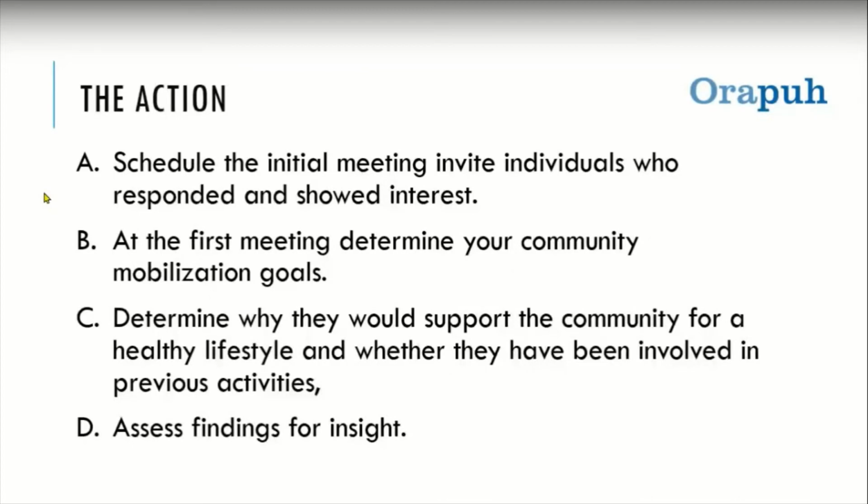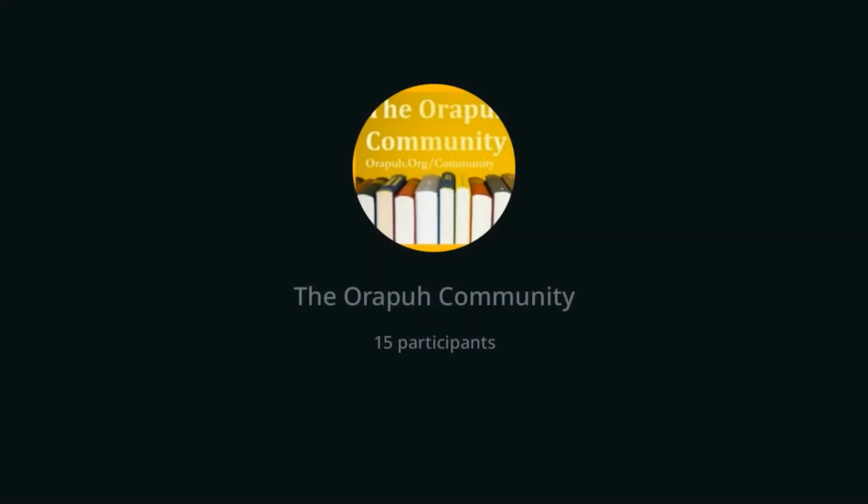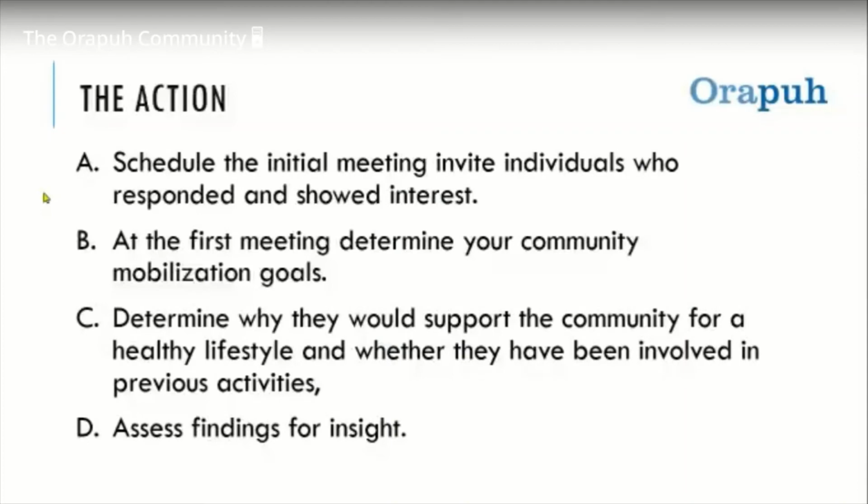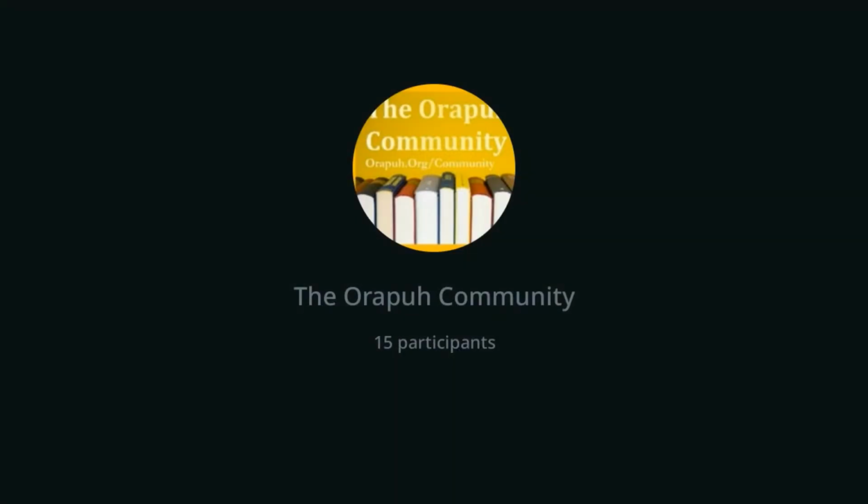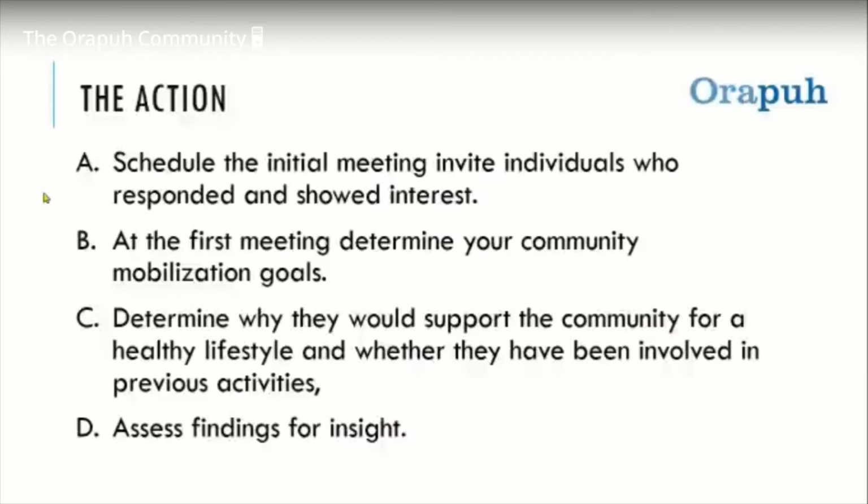Yes, this one is very important. Your goal, your target to be met, you have to establish it and determine it from your community. C, in the action, you have to determine why they will support the community for a healthy lifestyle or healthy living, and whether they have been involved in previous activities.